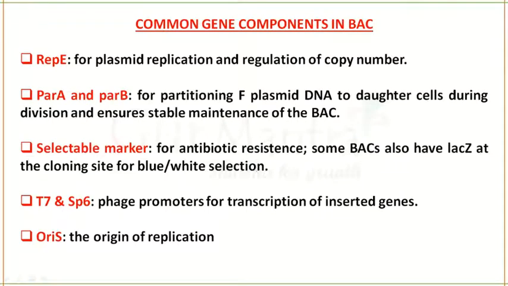So, the common gene components in a bacterial artificial chromosome. RepE is replication E, for plasmid replication and regulation of copy number. This is very important and a must for you to remember. I will definitely tell you which things you have to remember and which things you just have to know.